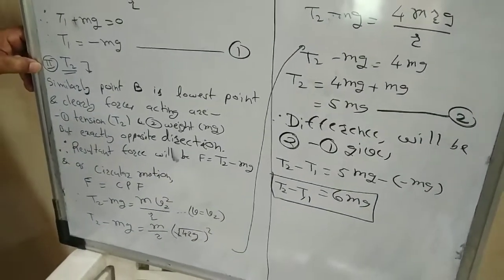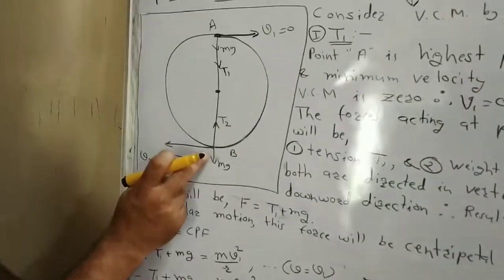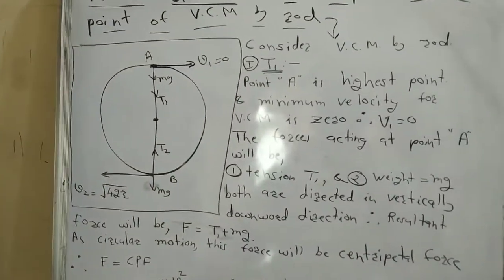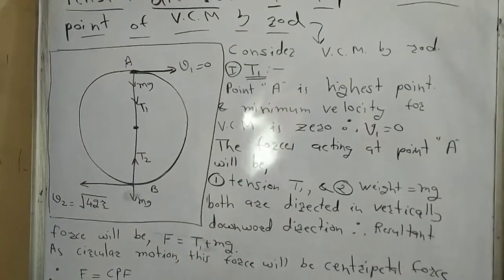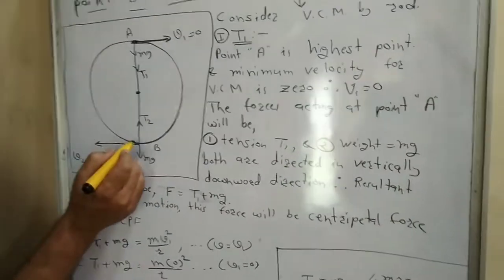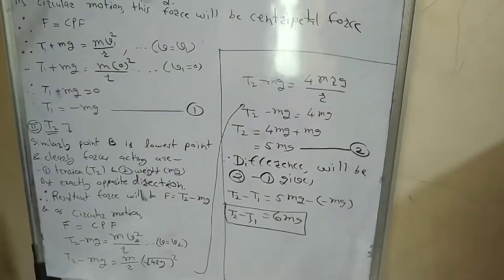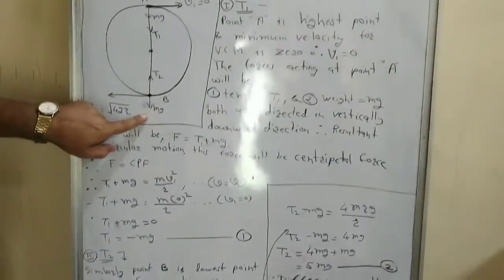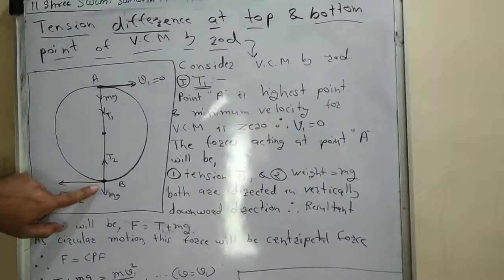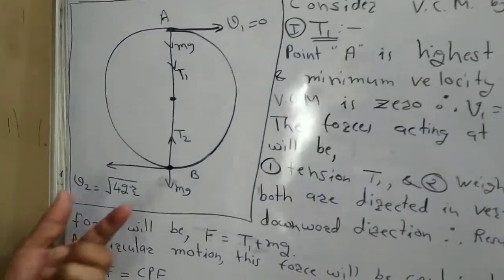Now let us find out tension at point B, that means the bottom point. Again, we require two forces. At this typical point, one force acts in the vertically downward direction, weight. On every body, gravitational force acts in the downward direction, nothing but weight.